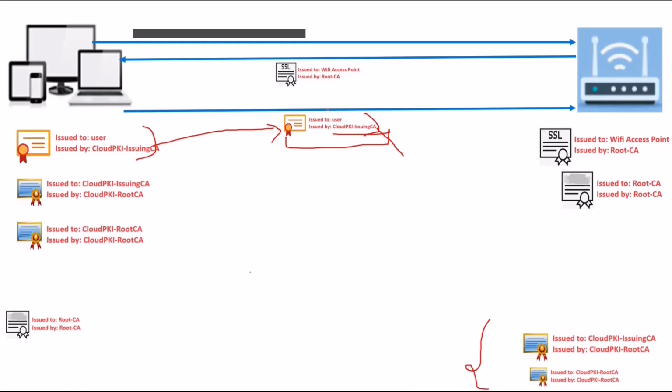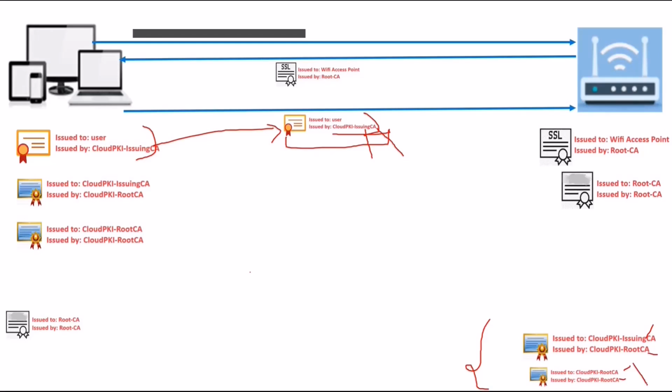That is the chain of the Cloud PKI issuing CA certificate, which is there in the Intune service in the cloud. That is the certificate issued by the root to the issuing CA and the certificate issued by the root to the root.